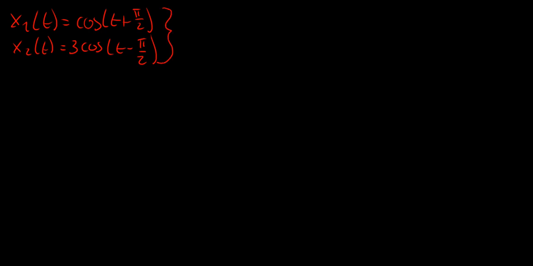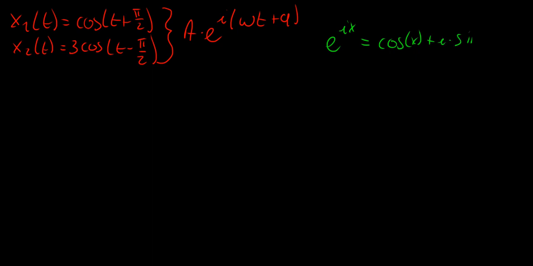Well, first what we do is we are going to rewrite both of these signals as complex exponentials, e to the power i times omega t plus phi. This is how you're going to rewrite it, because if you recall our Euler's formula, e to the power ix is equal to cosine of x plus i times the sine of x.